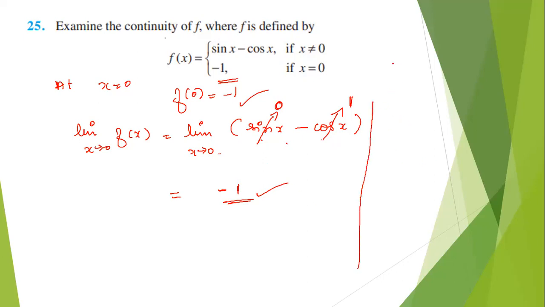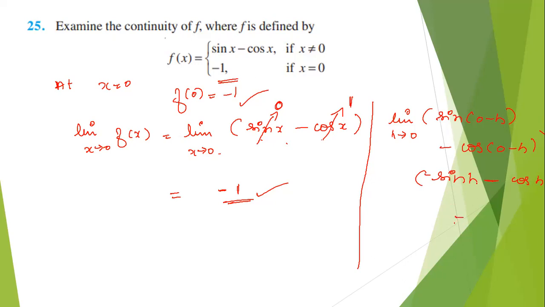So if you find the left hand limit, what you'll get? It will be limit h tending to 0, sine of (0 minus h) minus cos of (0 minus h). So this will be minus sine h and minus cos h, correct?